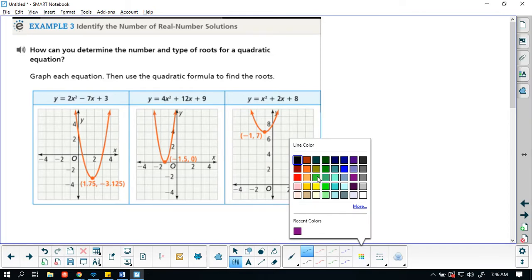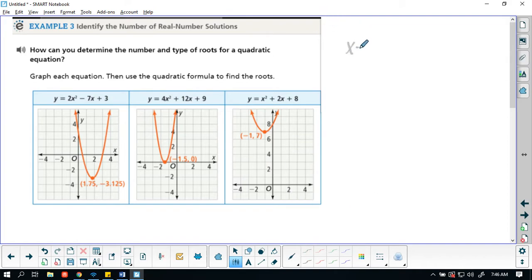I'm going to put x equals negative b plus or minus the square root of b squared minus 4ac. We talked about this in the last example. All over 2a. And remember, the whole thing is over 2a. A common mistake that I see is people forget to put this negative b over that 2a.